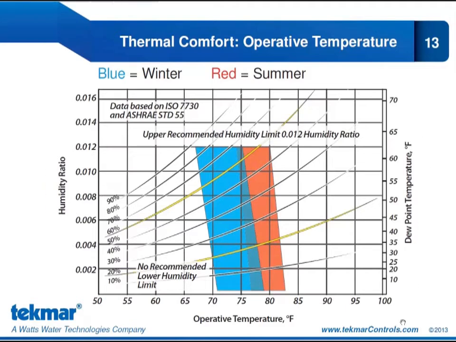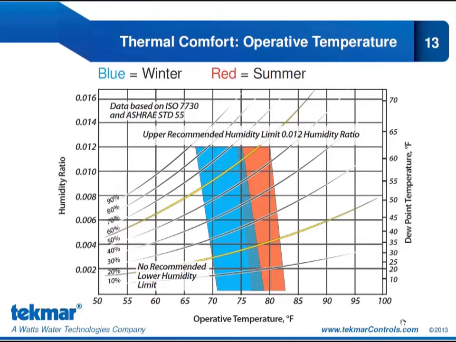Now, you may not be familiar with the term operative temperature, but the 2 main parameters for thermal comfort in a radiant application are the air temperature and something we call the mean radiant temperature. The combined effect of these 2 parameters is expressed as the operative temperature, and the operative temperature is a good indication of whether or not an occupant will feel comfortable.